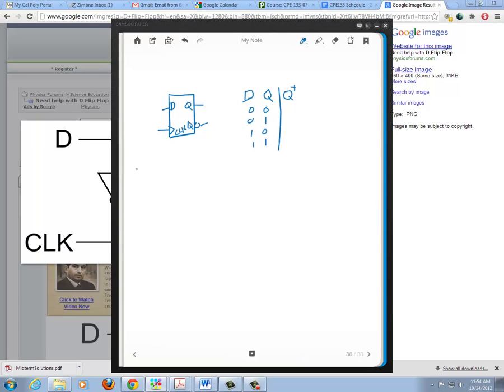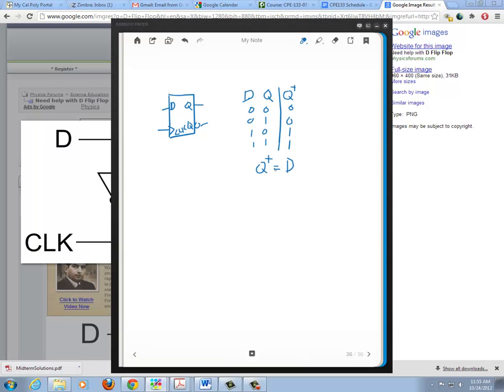Our next state, if you went through and evaluated this whole circuit, is going to be whatever D is. So no matter what your present state is, you're going to follow whatever your input D is. So here D is 0, so the next state is 0. Here D is 1, so the next state is 1. And we can write this equation: Q plus is equal to D.